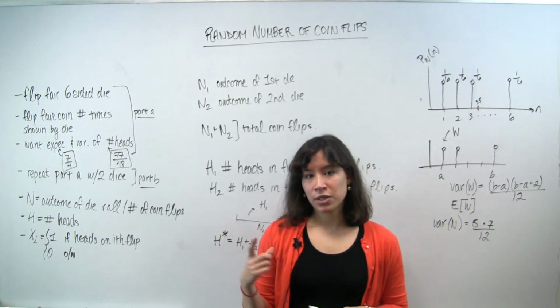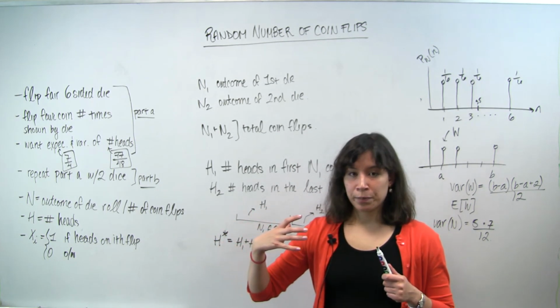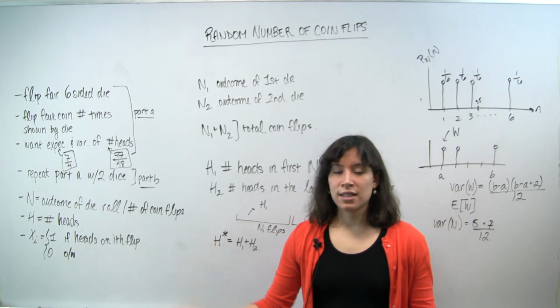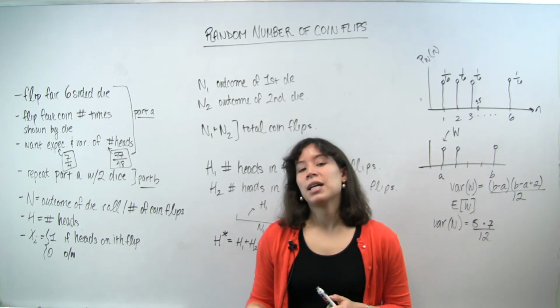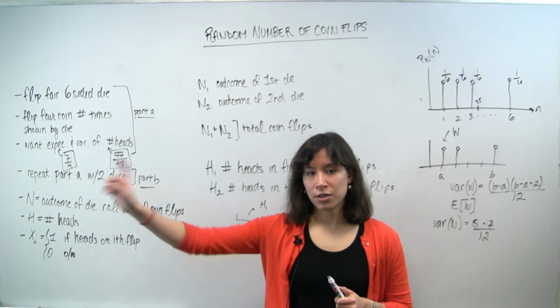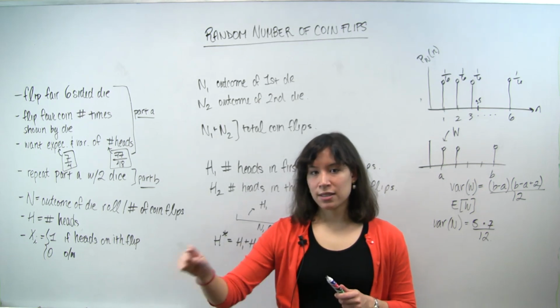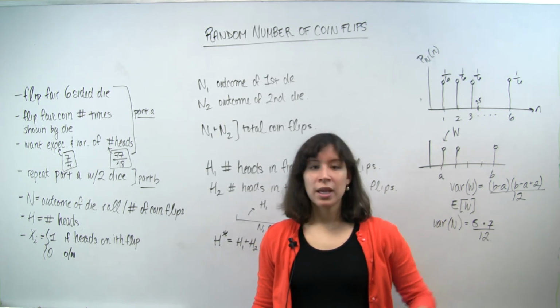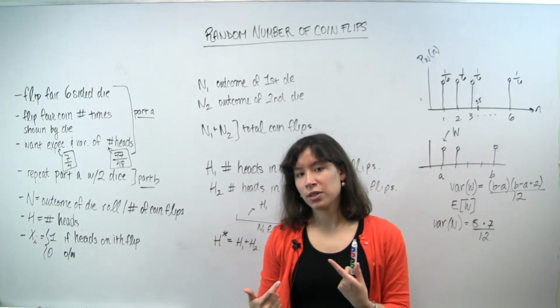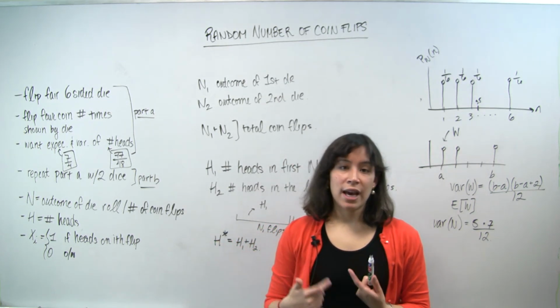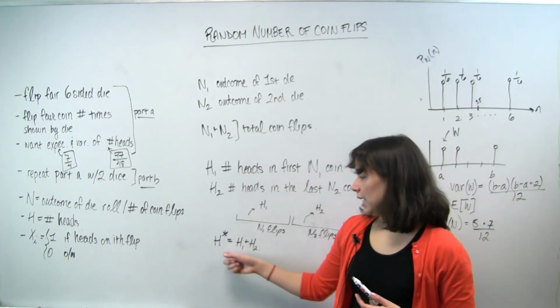So instead of imagining one person rolling 2 dice, summing the outcomes, flipping a coin that many times and counting heads, you can imagine one person takes one die and goes into one room, and a second person takes the second die and goes into another room. They run their experiments, then they report back to a third person the number of heads, and that person adds them together to get H star.